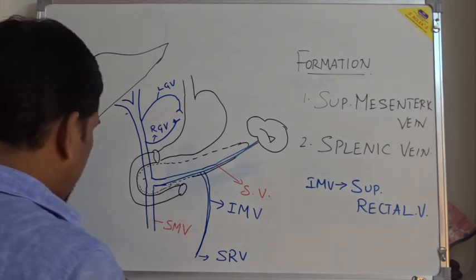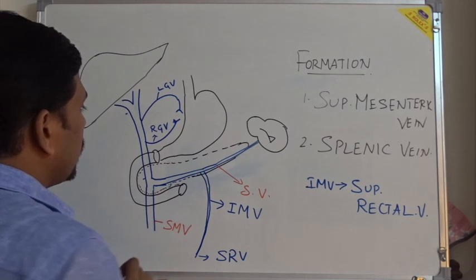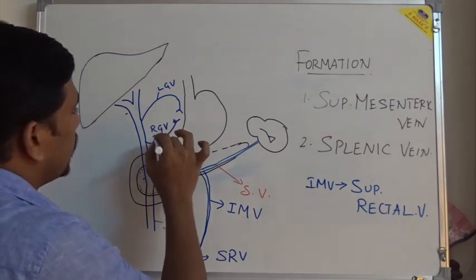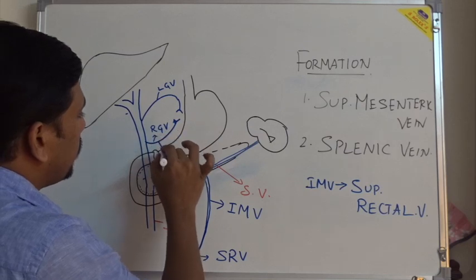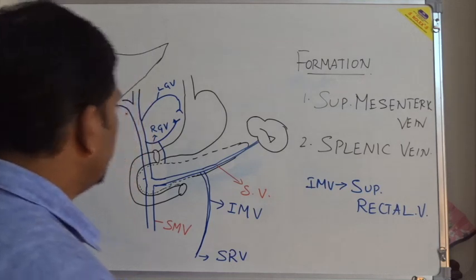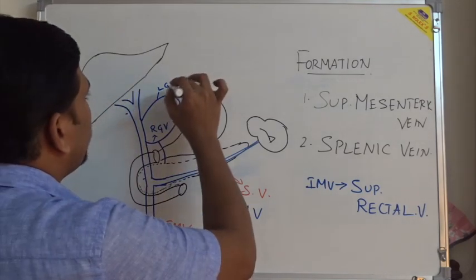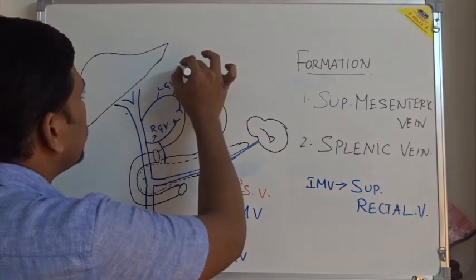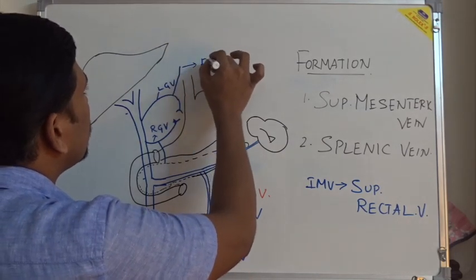Once again, the right gastric vein receives another small tributary which is called the prepyloric vein of Mayo. Whereas the left gastric vein receives the esophageal veins.